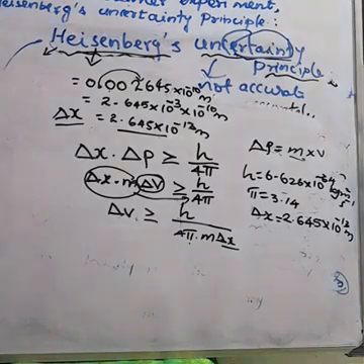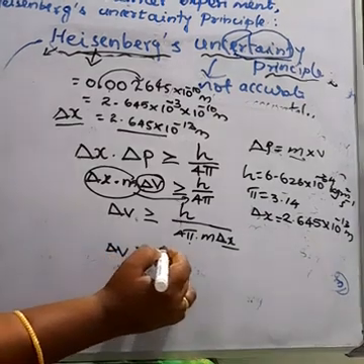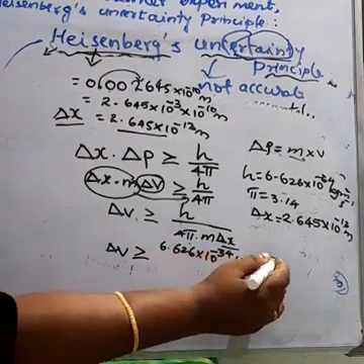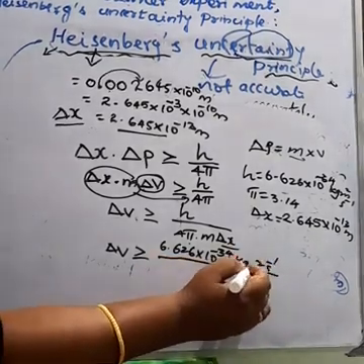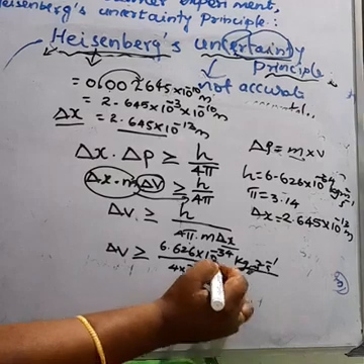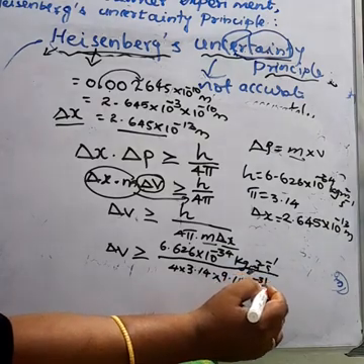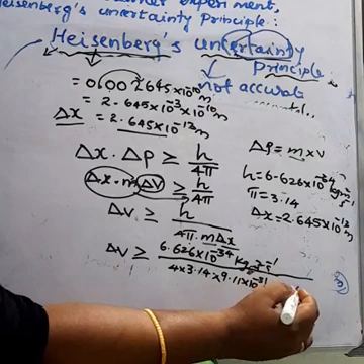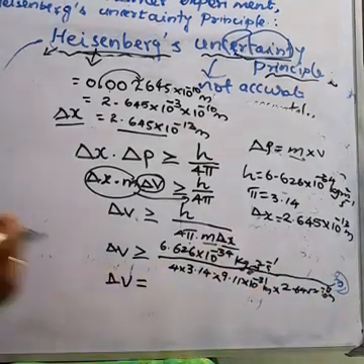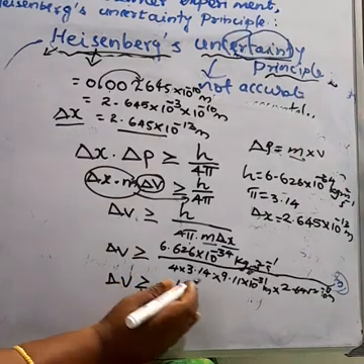We substitute this value in this formula. Calculating, we get delta v greater than or equal to 2.189 into 10 power 8 meter per second. This is the velocity.